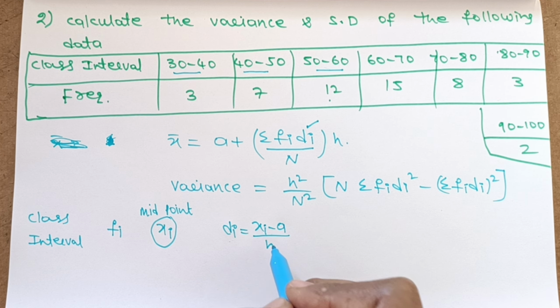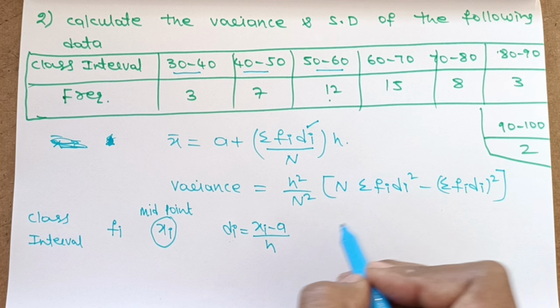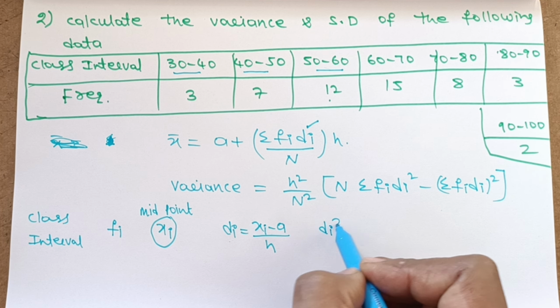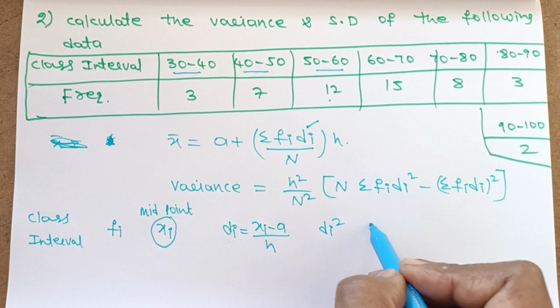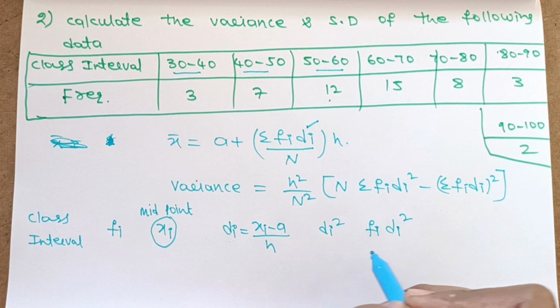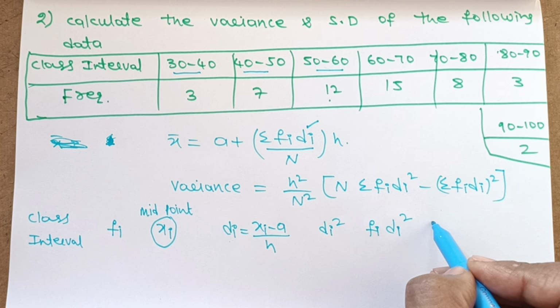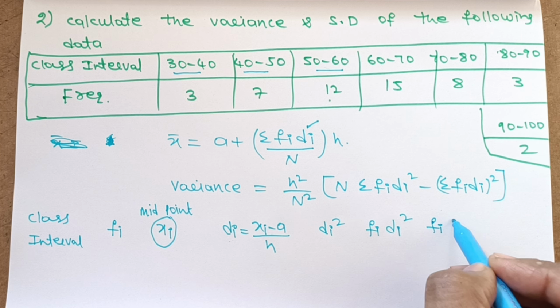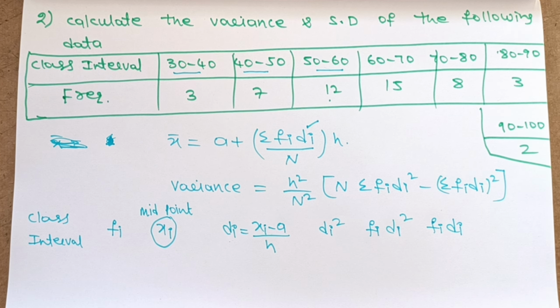After finding the di values, we square them, that is di square. After that we find fi di square, and after that fi di. So we have to write the values of all these. Using the table you can find the mean and variance.